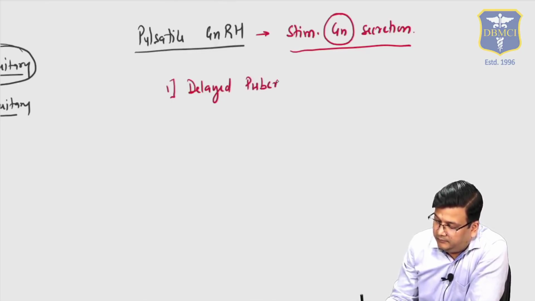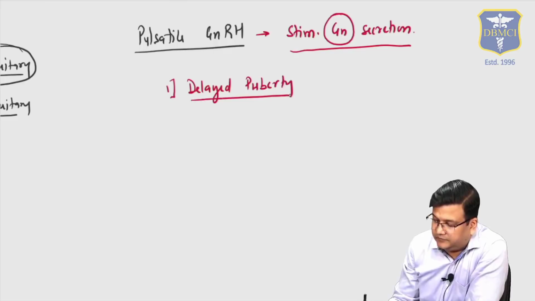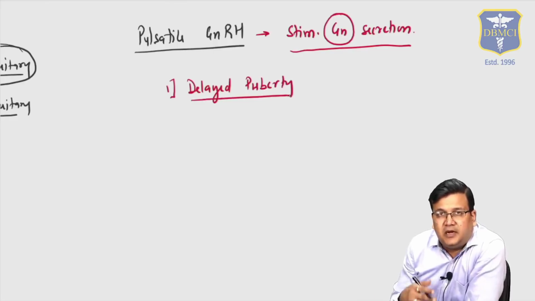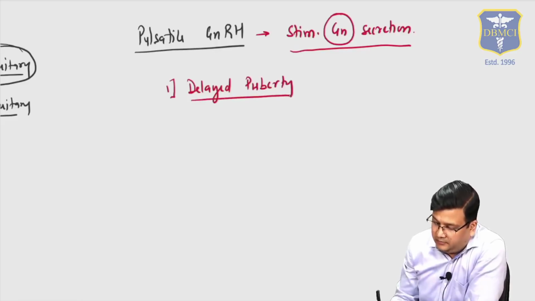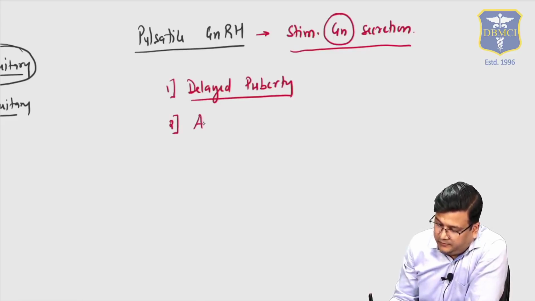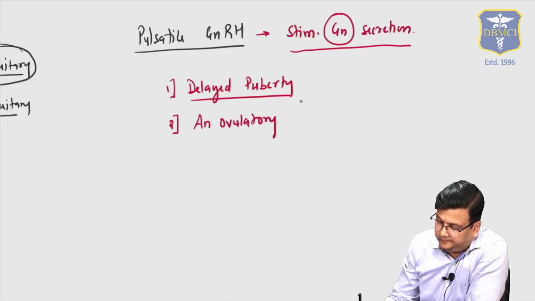They will give GnRH pulsatile, it will stimulate gonadotropins which will stimulate gonads, and symptoms of puberty will appear. Secondly, anovulatory infertility in females.